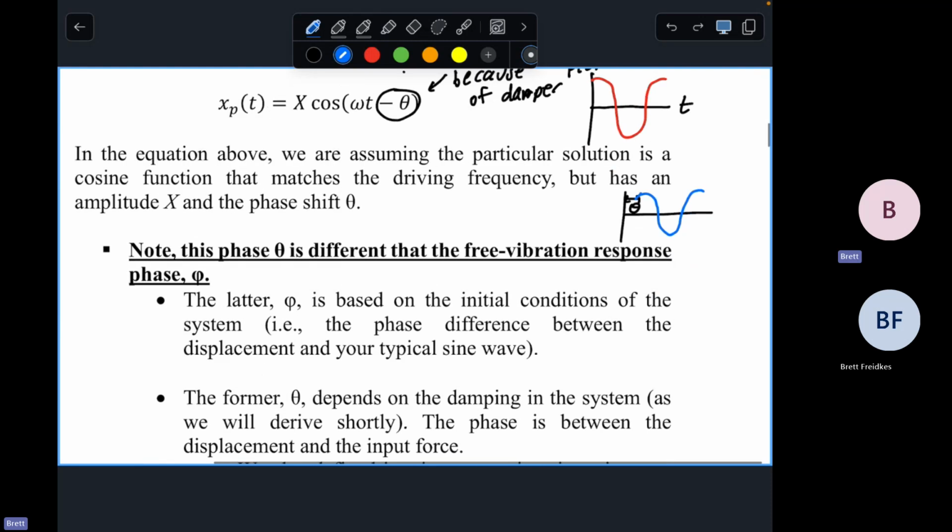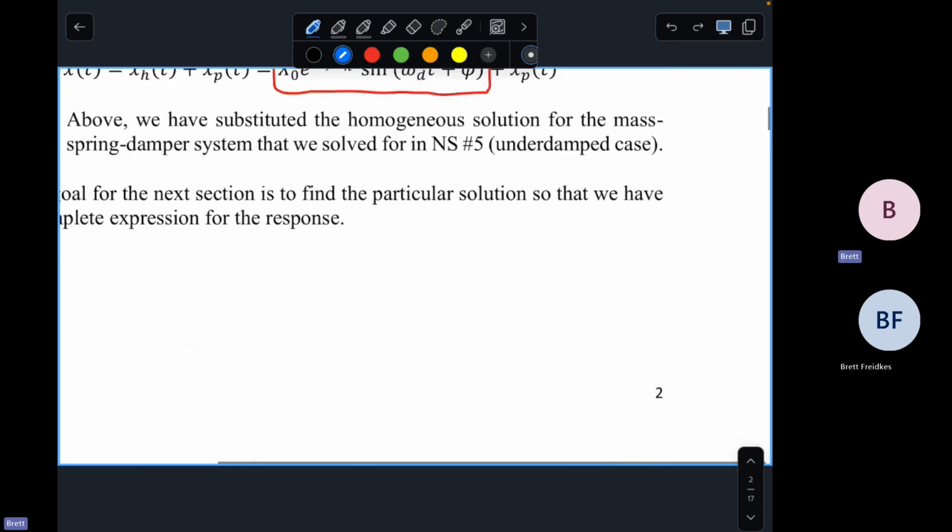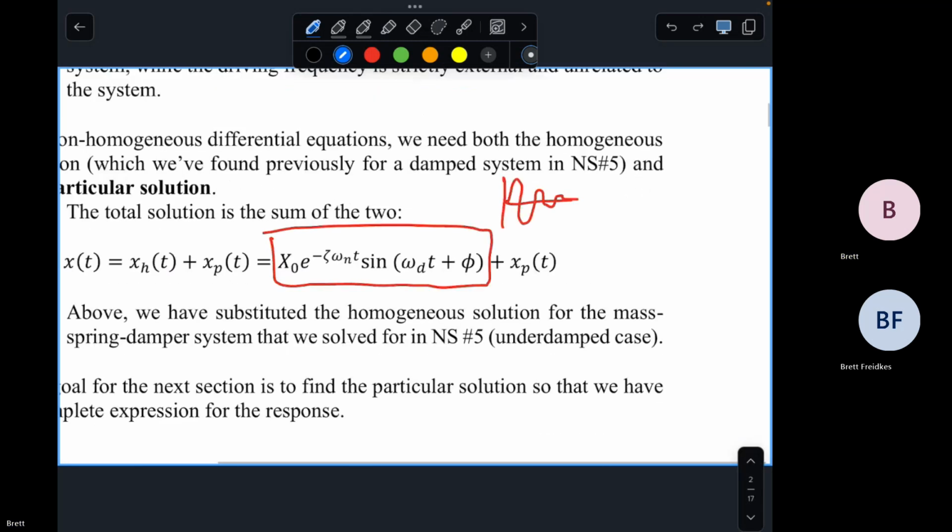And I tell you here that the phases are different. We had a phase from free vibration, which is phi. That's what we have up here in this total equation. This is a phi. Well, this particular solution was X cosine omega t minus theta.